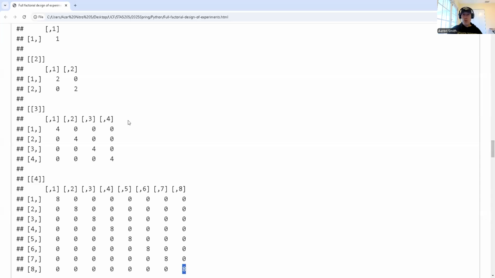Okay, so what this shows is that if I multiply any two columns that are different from each other, I get 0 every single time. The only time I don't get 0 is when I multiply a column by itself. And when I do that, the dot product is going to end up being the dimension of the matrix. Okay, that's kind of interesting.